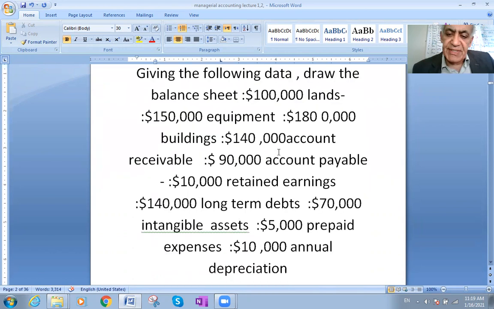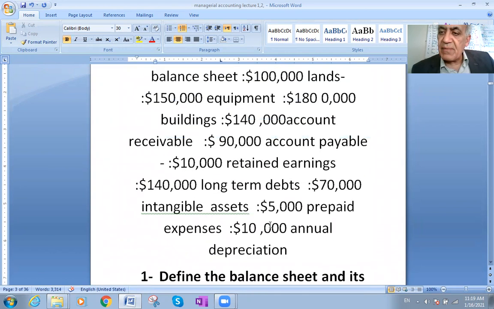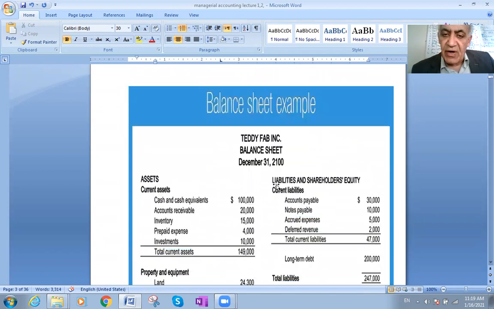As for its importance, all the decision processes and managerial decisions depend upon this balance sheet.